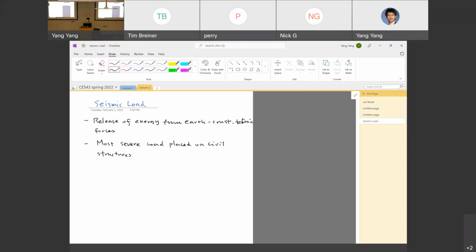That's why nowadays in California, if you want to be a licensed professional civil engineer, regardless of whether you do geotechnical engineering or transportation engineering, you have to take an exam called seismic design. That's the policy in California.